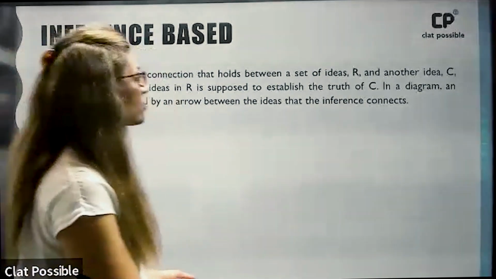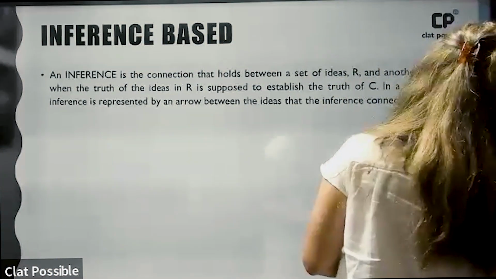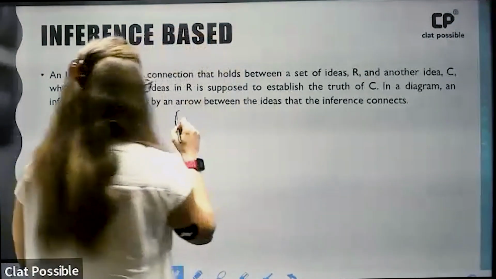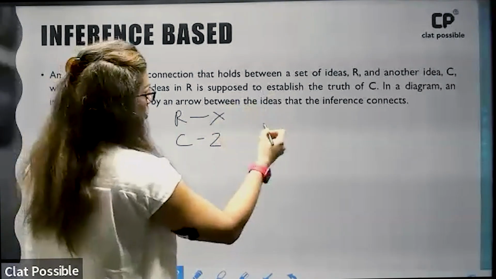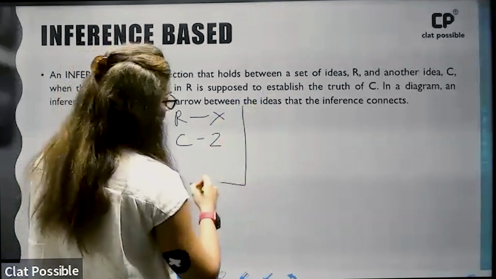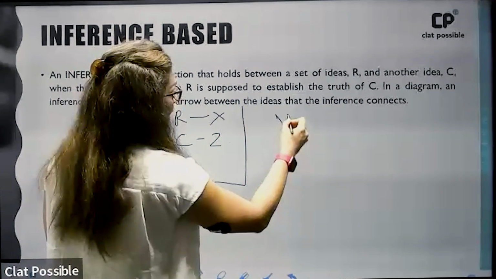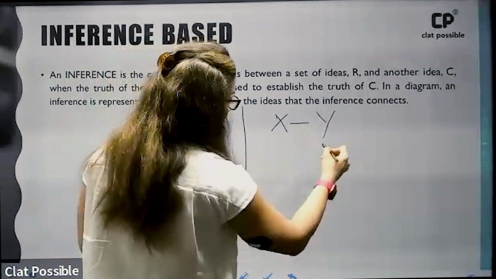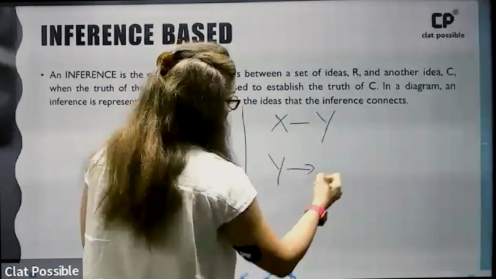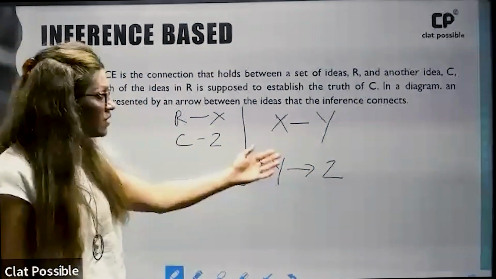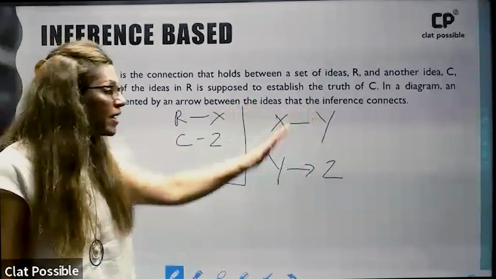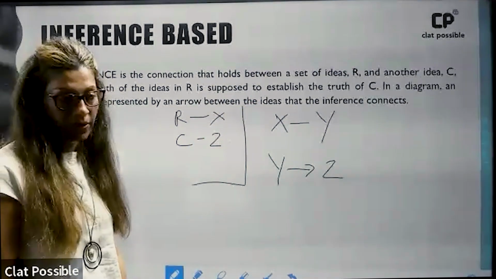Here R is X and C is Z. So if R is X and C is Z, what is the role of Y? If the author is trying to explain that X first leads to Y and this Y leads to Z, that means between X and Z, this bridge has to be created.